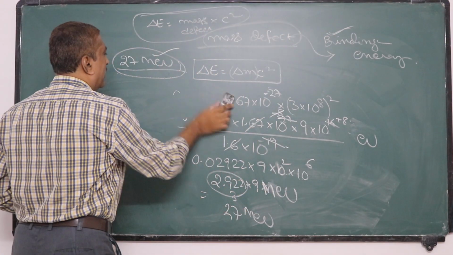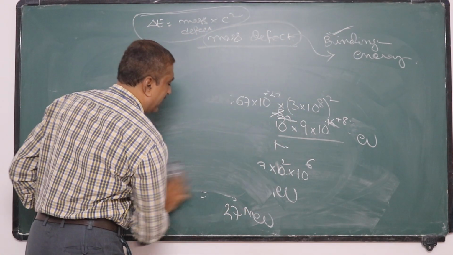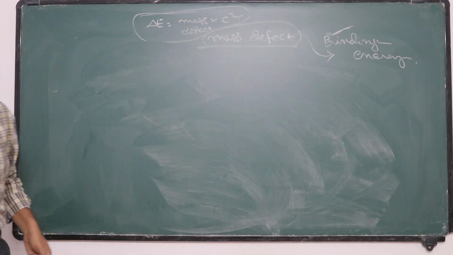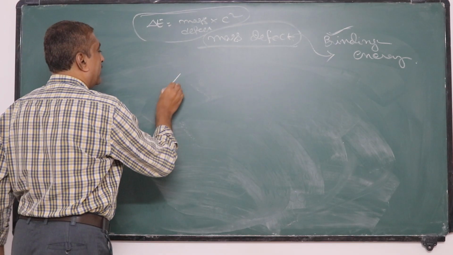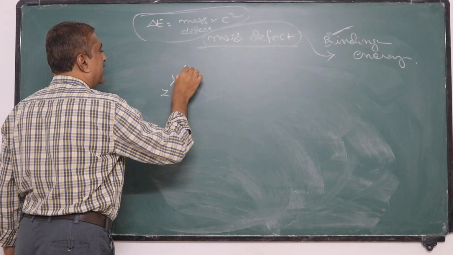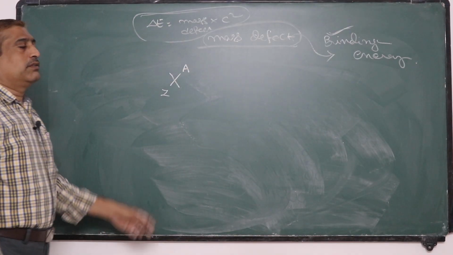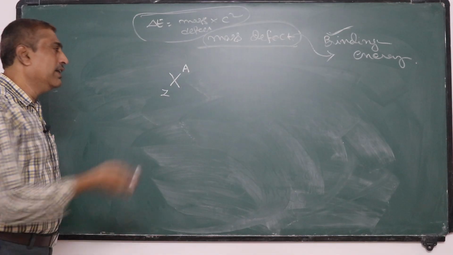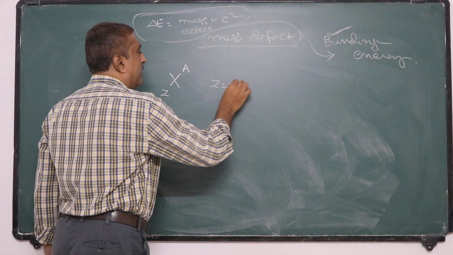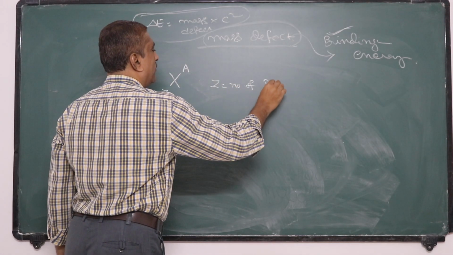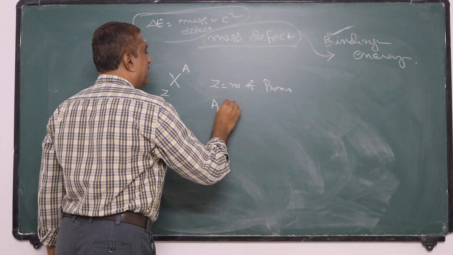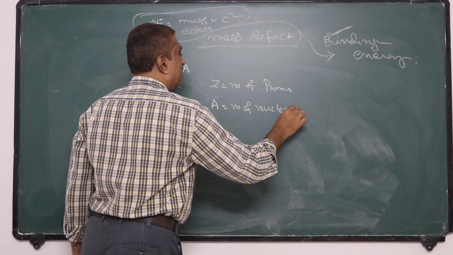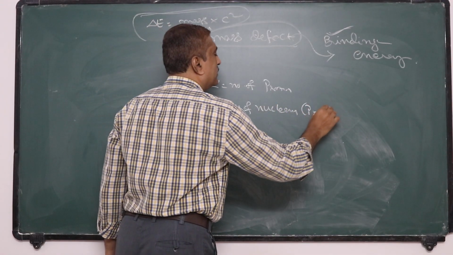Okay, so how can we calculate the binding energy in general? Suppose you take a nucleus of atomic number Z and mass number A. As usual, the symbols have their usual meaning: Z is the number of protons and A is the number of nucleons, that means protons plus neutrons.